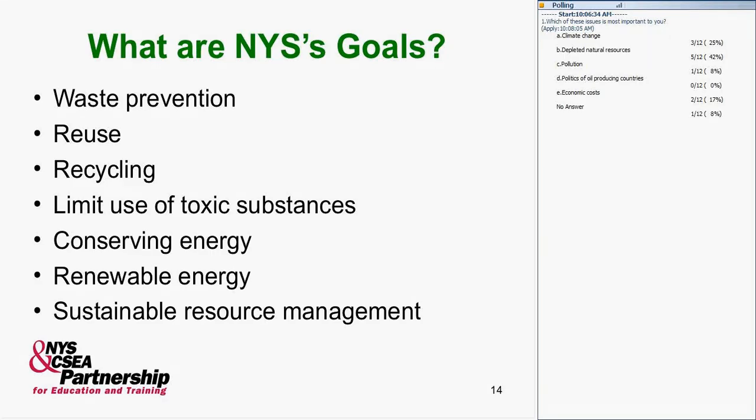I'll keep going. New York State's goals. Prevention, recycling. One of the things we've come up with, down where I am in the town of Brookhaven, is that the municipality has just started stream separation. We throw out all our recyclables into one big bin and it's taken to a sorting center.